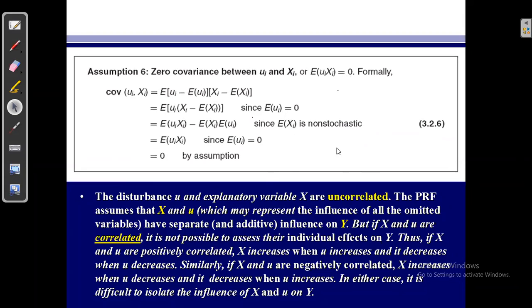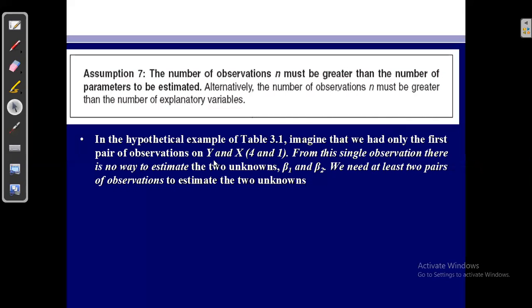And if this assumption is violated, if this later on is considered to be not holding, then we would say that there is endogeneity in our model, which means that x is not exogenous, it is basically endogenous. But initially we say that there is no problem and this assumption is holding. Initially for getting some standard results of our regression model, we assume that the correlation between the disturbance term and the x variable is 0.